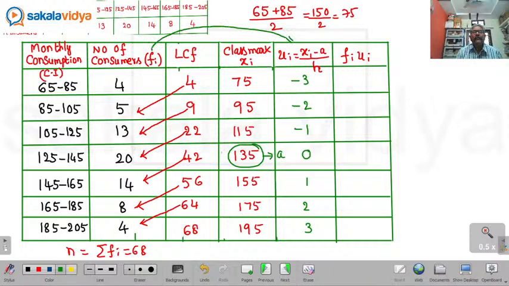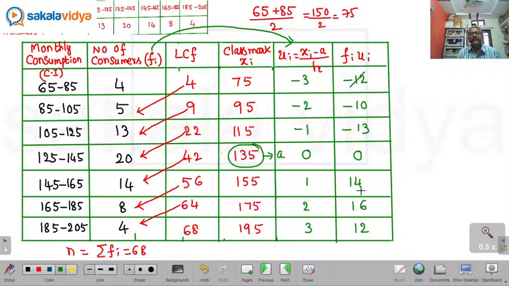Fi multiplied by ui. 4 into minus 3, minus 12. 5 into minus 2, minus 10. 13 into minus 1, minus 13. 20 into 0, 0. 14 into 1, 14. 8 into 2, 16. 4 into 3, 12.